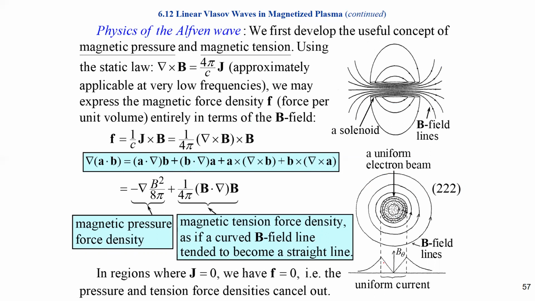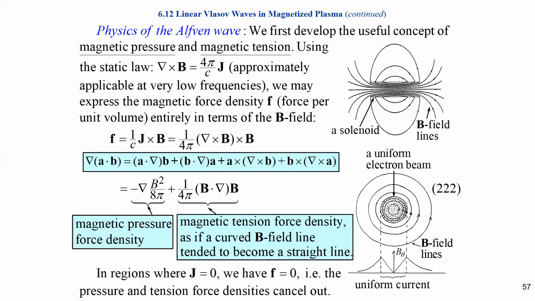What will happen? It looks like we will have some magnetic pressure force density here, proportional to B squared, and a magnetic tension force density, as if the curved B lines tend to become straight lines.